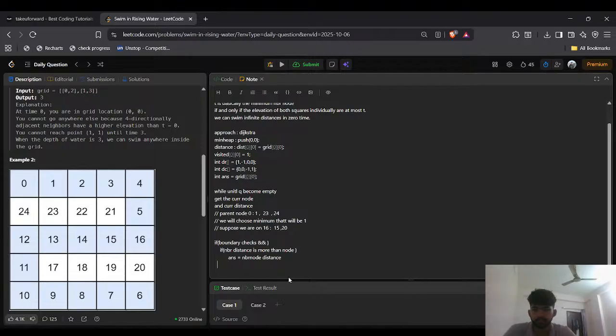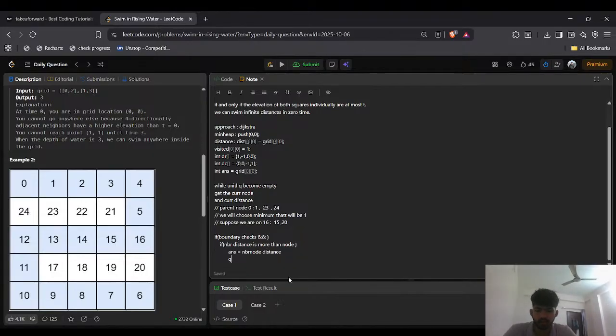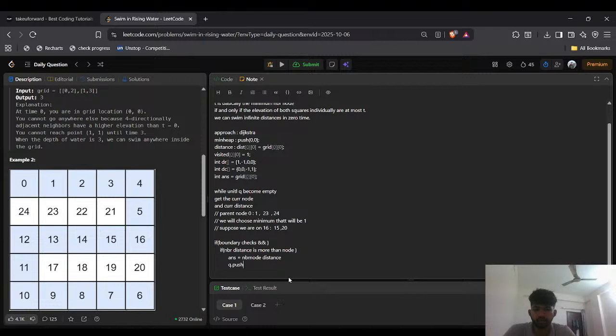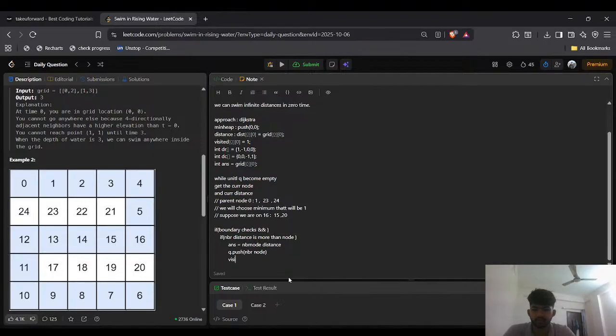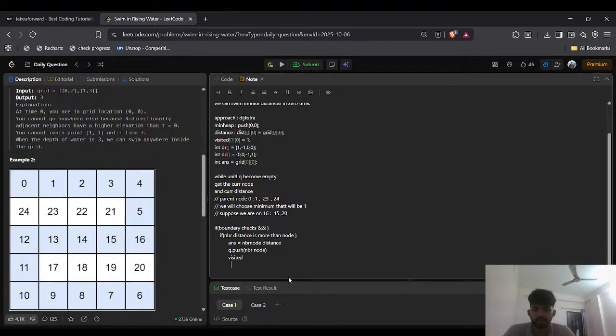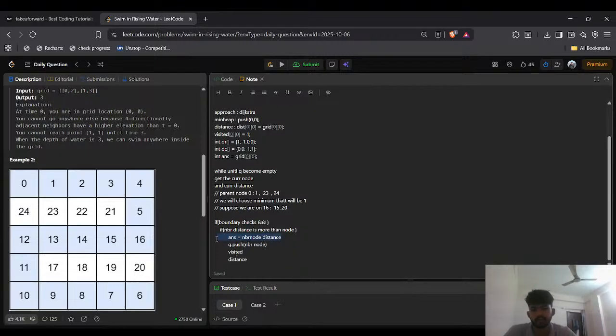And of course we do things like pushing into the queue, neighbor nodes, visited and distance. Okay, we don't need this actually.